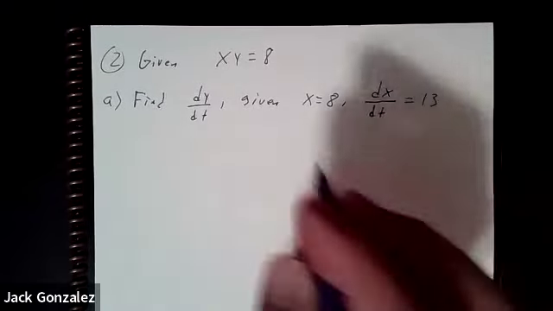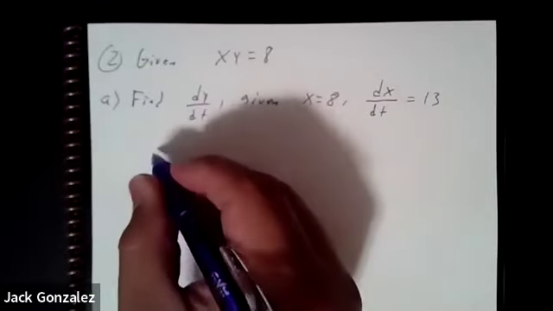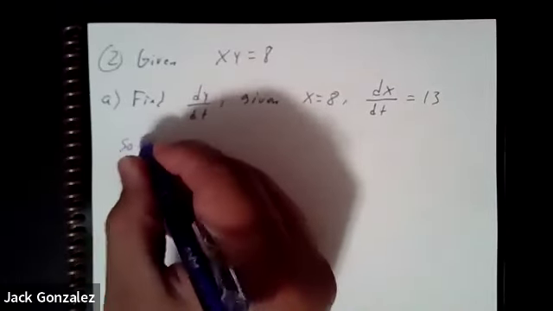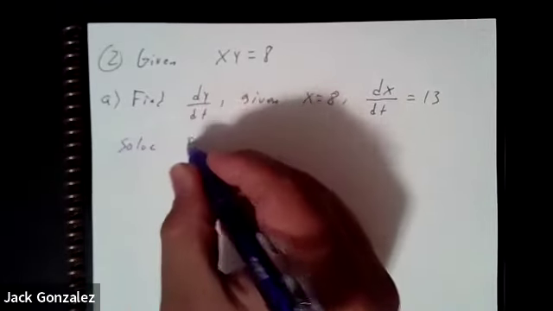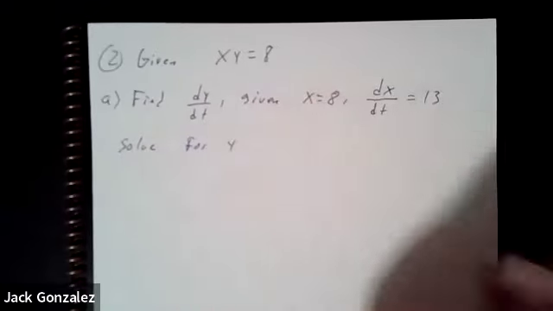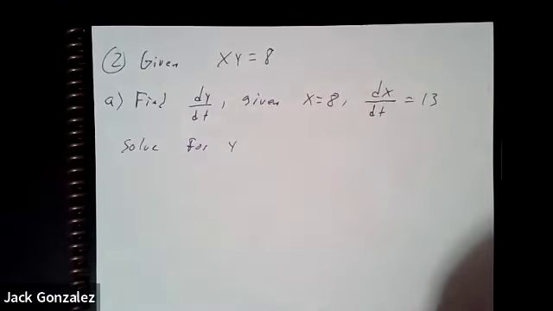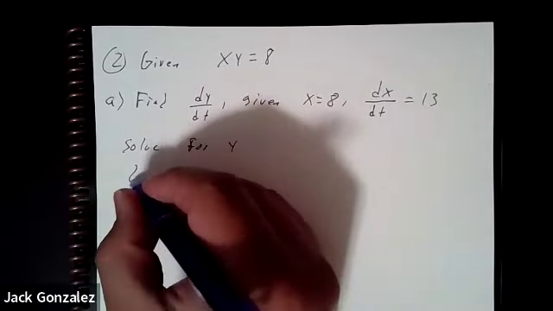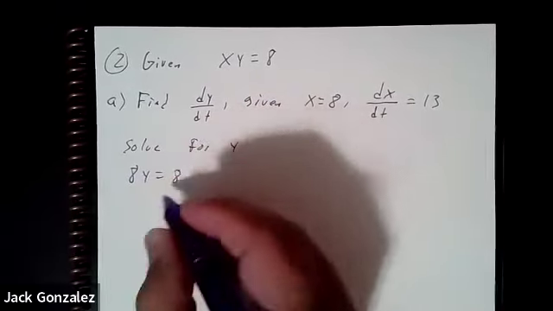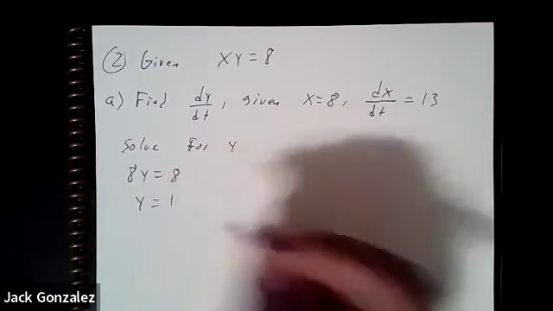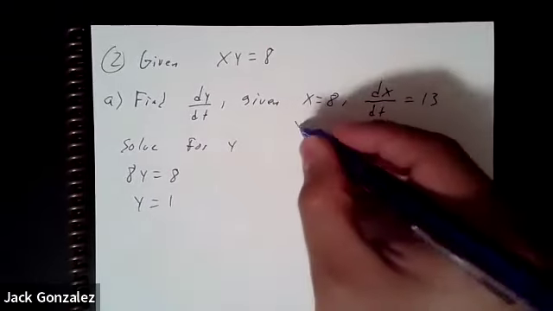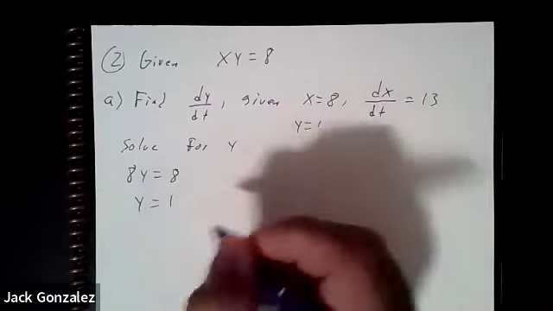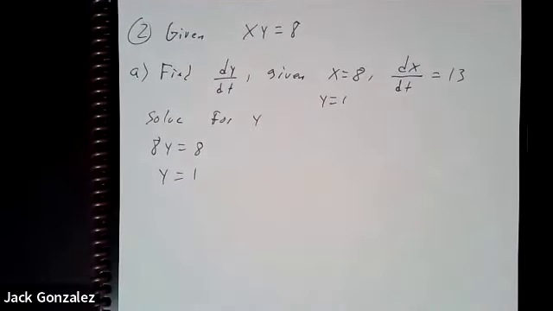I'll make the note just in case. I think it's good to solve for y at the beginning. Last time it was a little weird to do it in the middle. So just plug in the 8, divide both sides by 8. There we go. All right, cool.